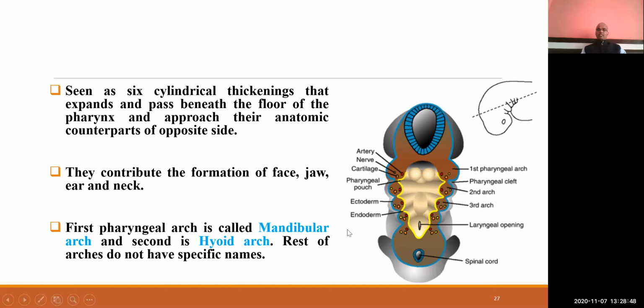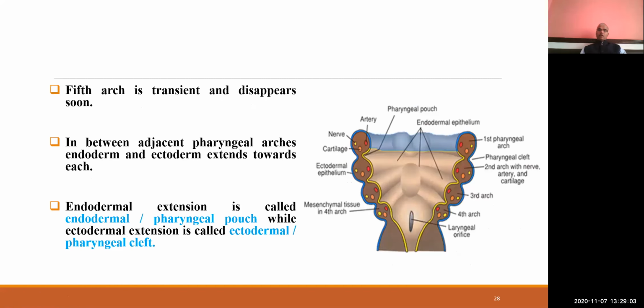The first pharyngeal arch is called the mandibular arch, and the second pharyngeal arch is called the hyoid arch. The remaining arches do not have specific names, and the fifth arch is transient and disappears soon. Between the adjacent pharyngeal arches, the ectoderm, here in blue, and the endoderm, here in yellow, extend toward each other.